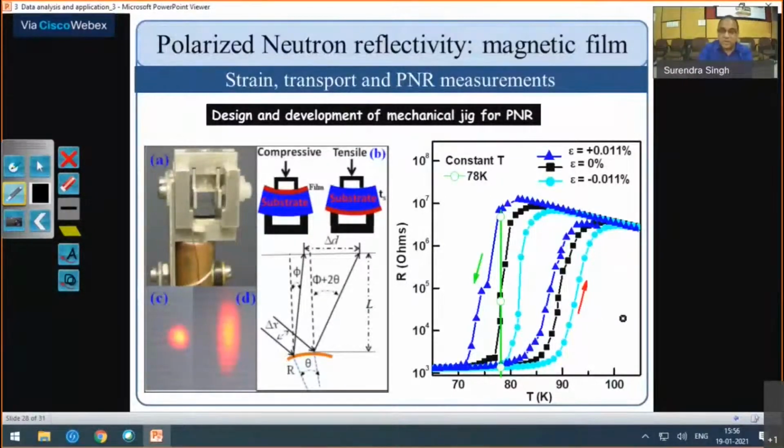So we have chosen three temperatures on these curves, during the cooling as well as during the warming. And then we did polarized reflectivity for three cases: when the sample was not bent, when the sample was bent with tensile strain, and when the sample was bent with compressive strain, at particular temperatures of 78 K and 89 K while warming the film.